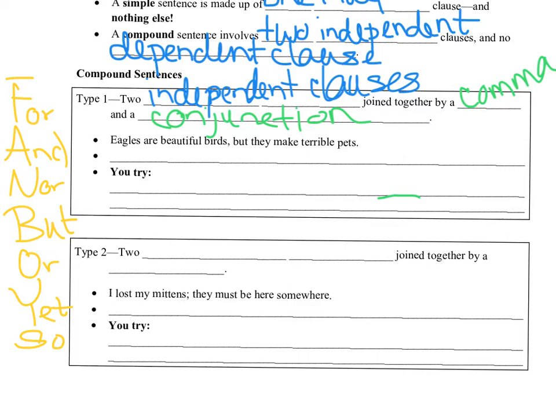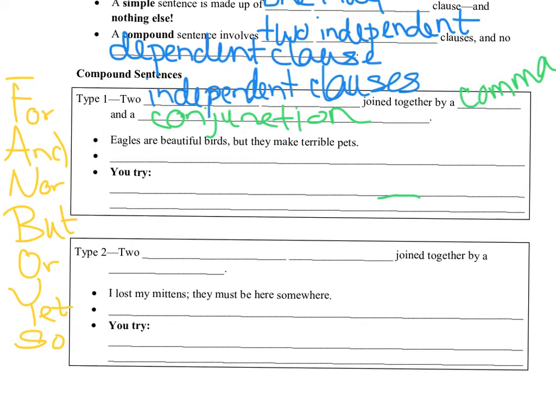Take a look at our example sentence. Eagles are beautiful birds, but they make terrible pets. We need to ask ourselves, if this is a true compound sentence, do we have a comma and a conjunction, and do we have two independent clauses? Well, let's go through the steps.